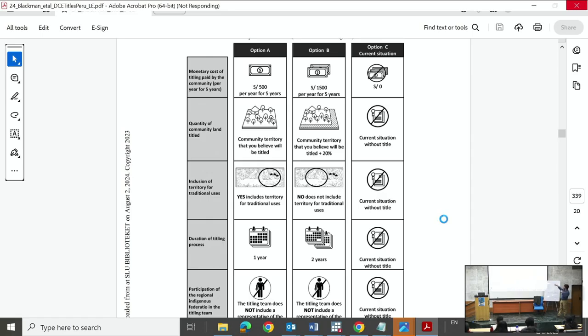Option A, option B, option C are contracts. Option C is the current situation. Options A and B are ways that the community could obtain a land title for the land that they have and have had for any number of years, but they don't have a land title.